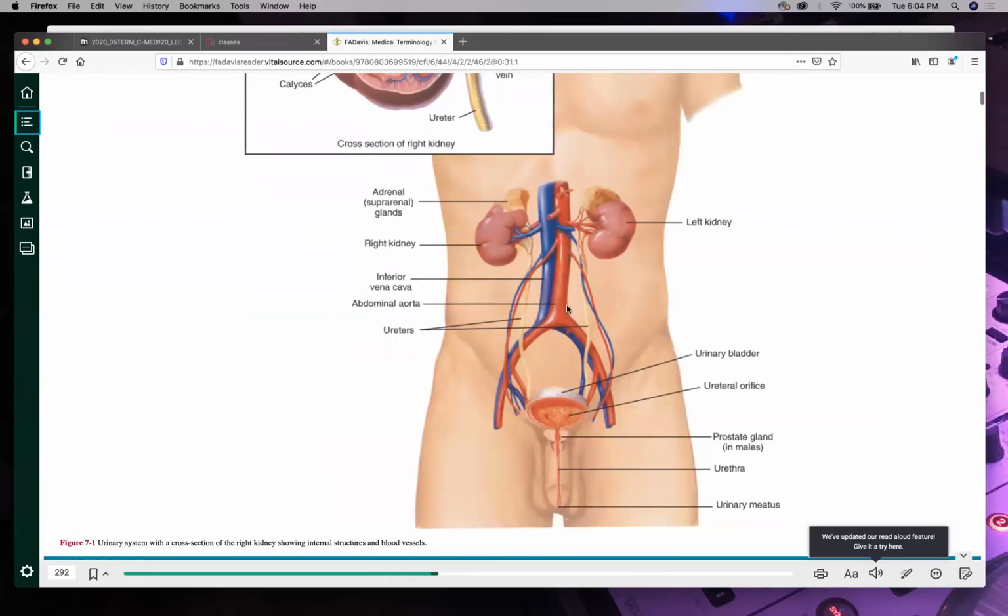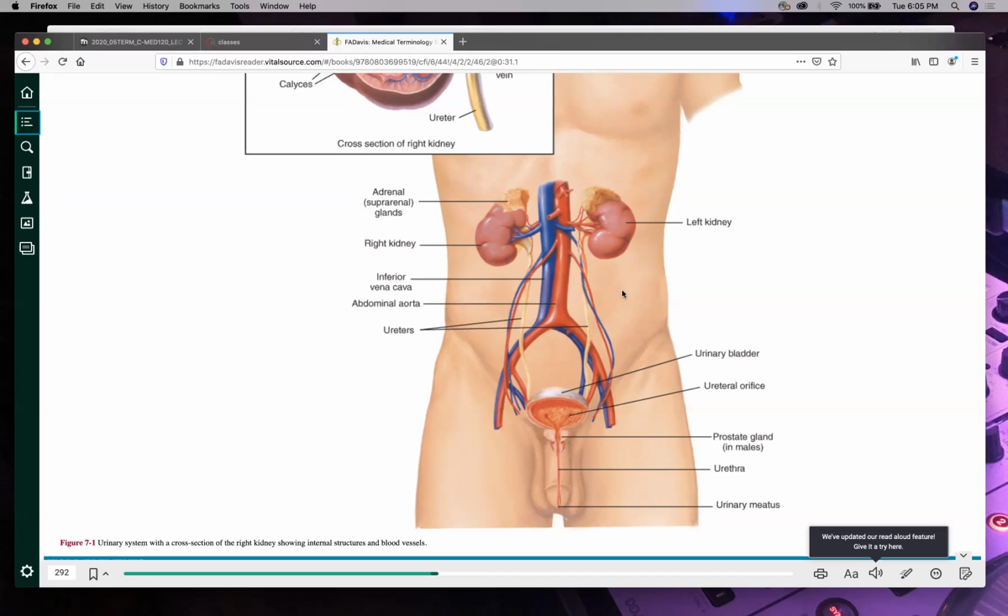When you're looking at the urinary system or anything that makes urine, urology deals with the ureters, which are these 2 tubes here, urinary bladder, and the urethra. And if it's a fertility problem, then the Department of Urology, as we already discussed in a previous lecture, deals with any fertility issue in the male.